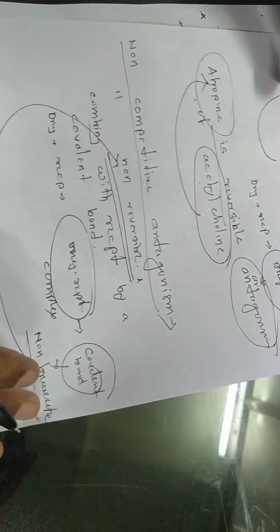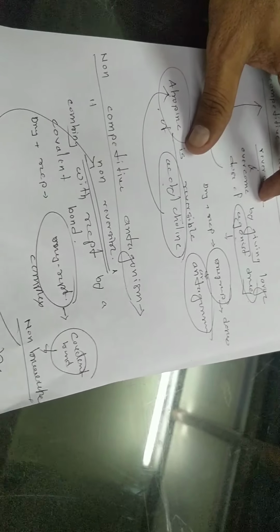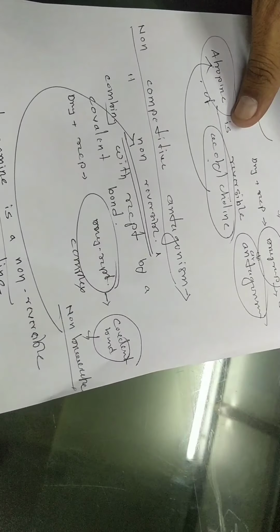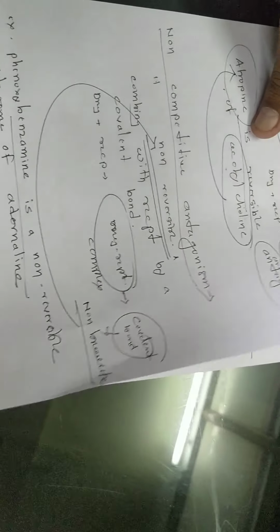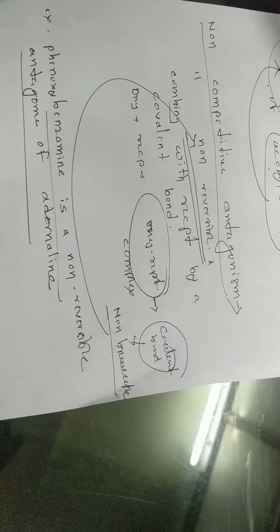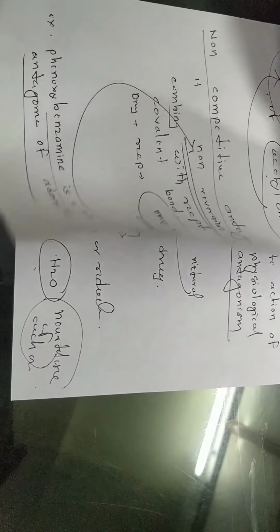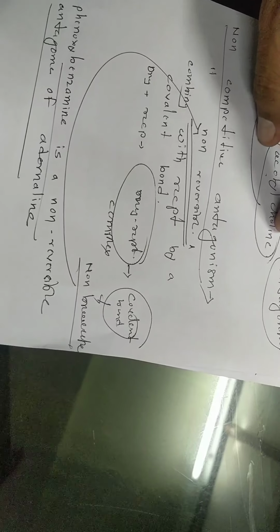Okay, now see again the agonist. What do you mean by the antagonist? Antagonists are two drugs with opposite action on the same physiological function. Antagonist drugs reduce each other's action. They reduce the drug action. This is also called antagonism.